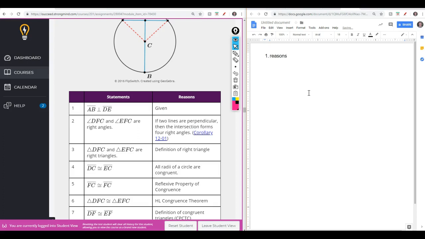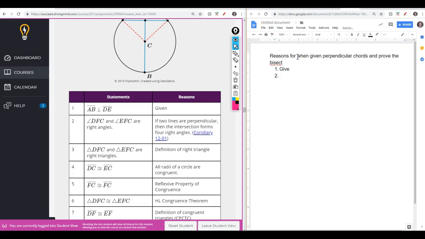So the first reason is, reasons for when given perpendicular chords and prove they bisect. So the reason is given.